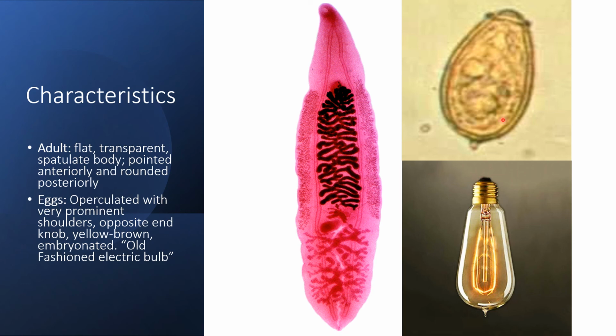Its image, its appearance, is closely similar to the old-fashioned electric bulb, together with its abopercular knob. So that's the difference of the eggs of our Clonorchis sinensis: its prominent shoulders.